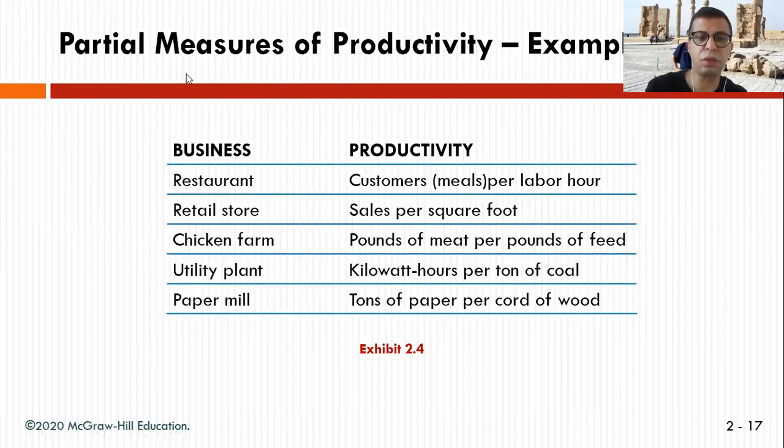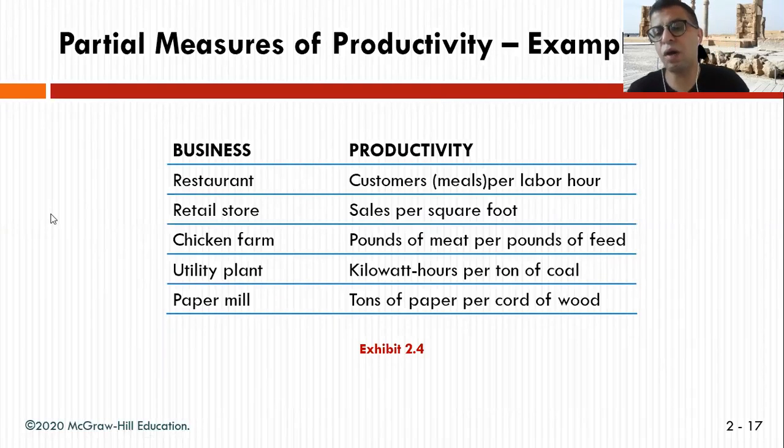For partial productivity measures, these are only examples. In a restaurant, you want to look at how many meals you make per hour. In a retail store, sales per square foot. For chicken farms, pounds of meat per pound of feed.